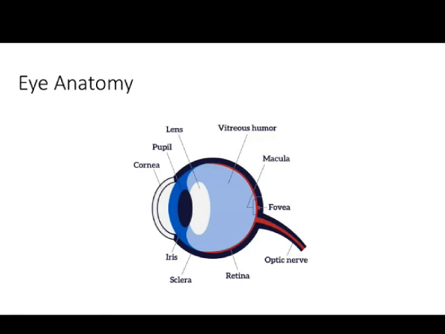Cornea means horn. It means a bull. It means something that is going to make you as stubborn as a horn. Now, when we are looking at the pupil over here, the pupil is an opening through which the light passes in.